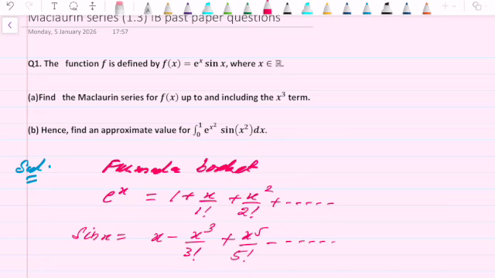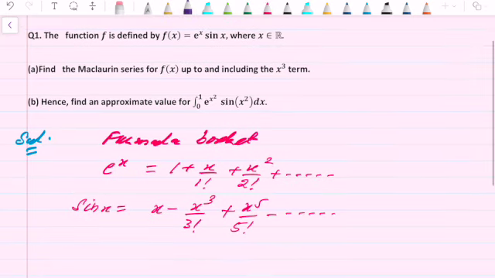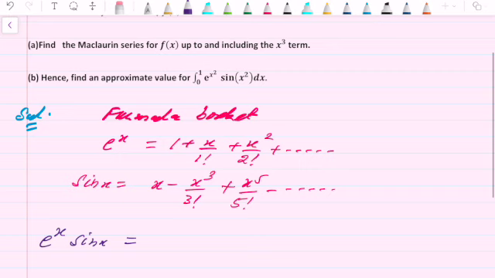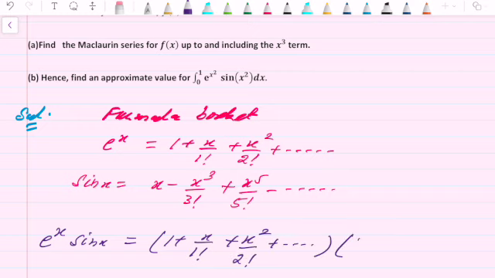Now we'll take the product of these two, e raised to power x into sin x. So e raised to power x, 1 plus x over 1 factorial plus x squared over 2 factorial and so on, times x minus x cube by 3 factorial plus x 5 over 5 factorial and so on.